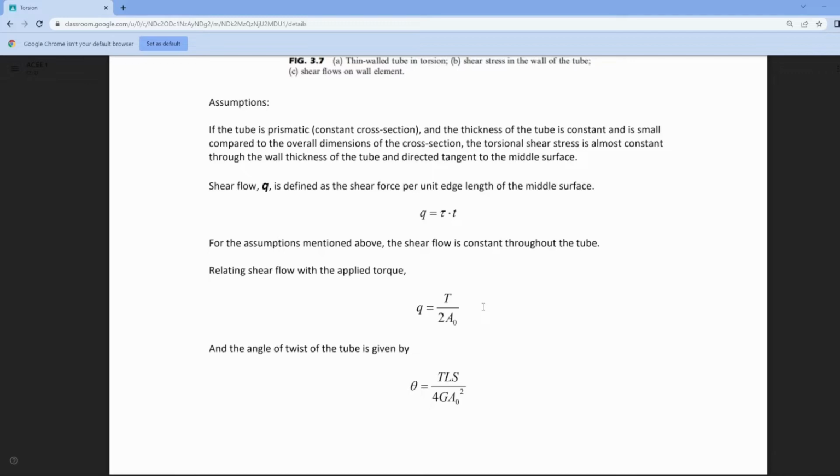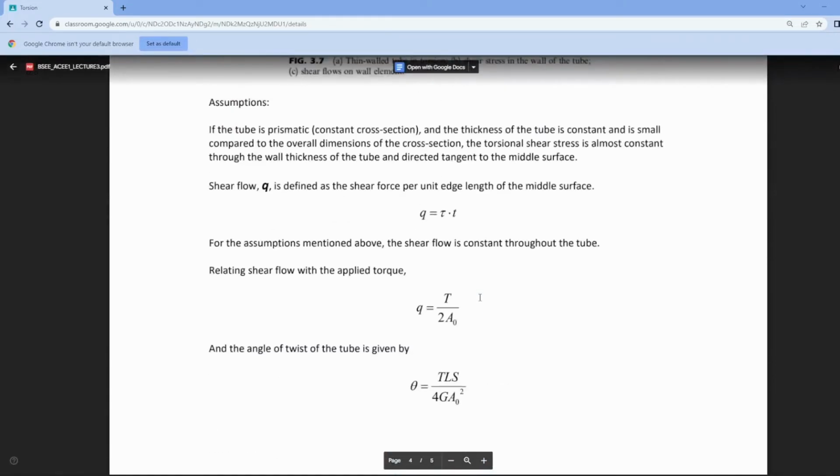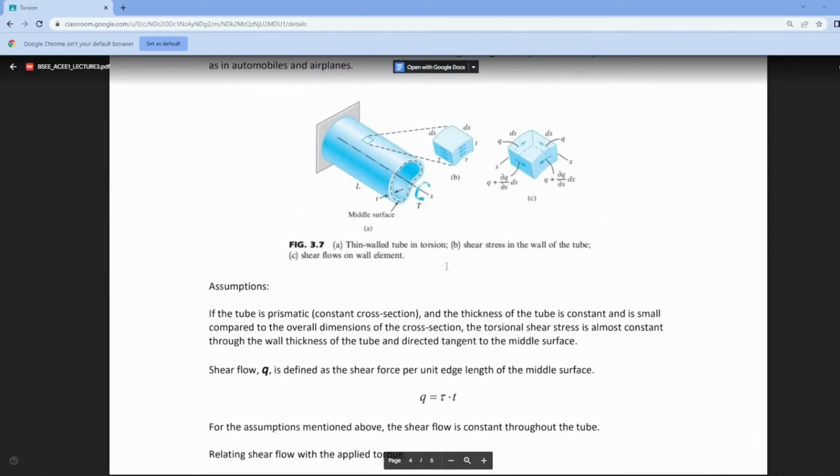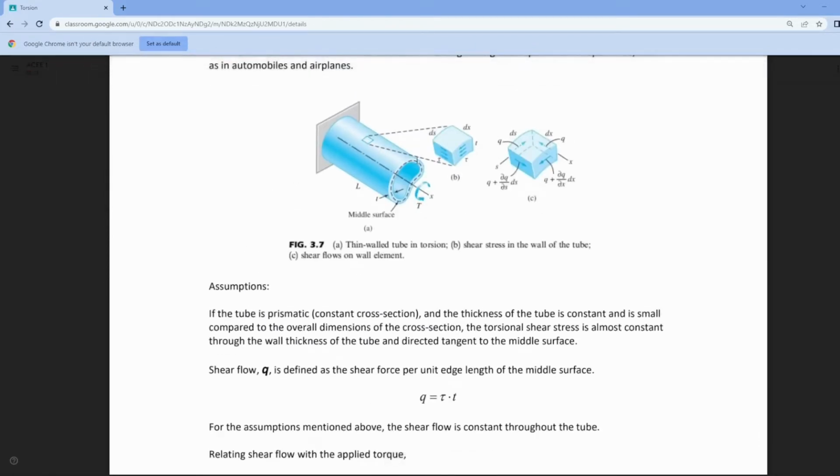Relating shear flow with the applied torque, we have q equal to torque over twice the area, A naught. What is that A naught? A naught, guys, is the area covered by the middle surface.